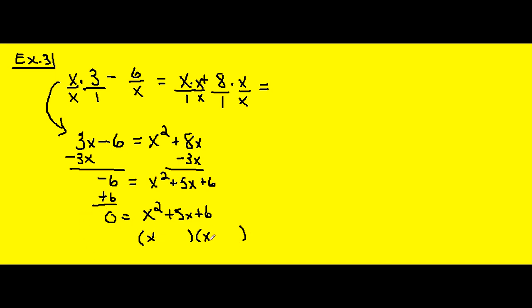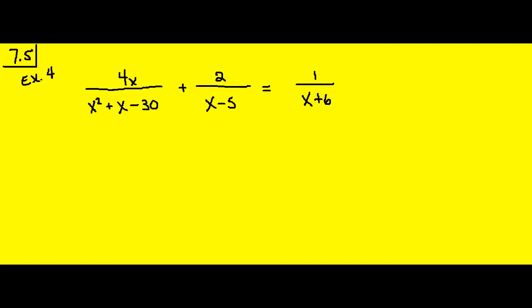X plus, now I've got 6 is my number. I need 2 factors of 6 that add up to be 5. So 3 and 2. 3 plus 2 is 5. 3 here, 2 here, equals 0. So that means when x equals negative 3.